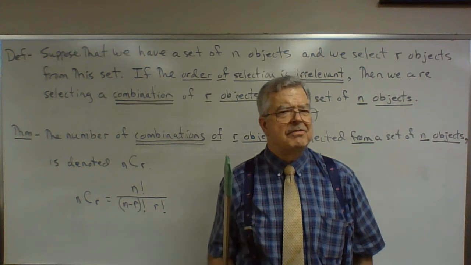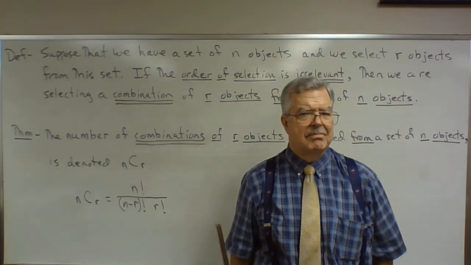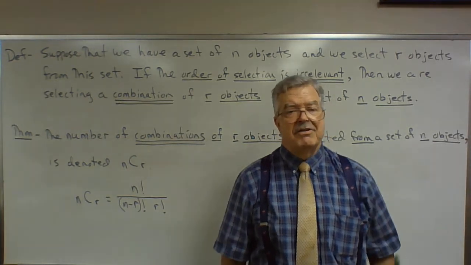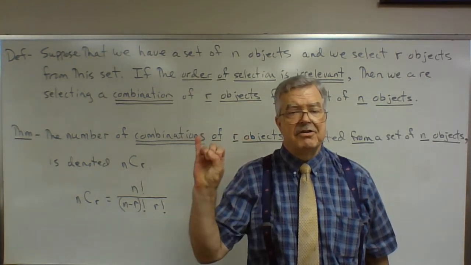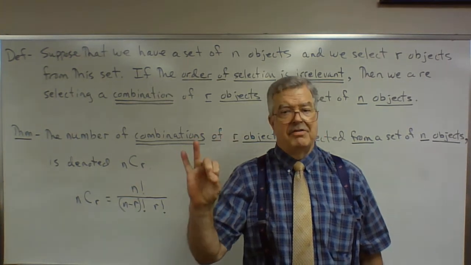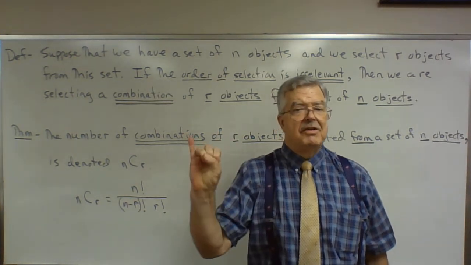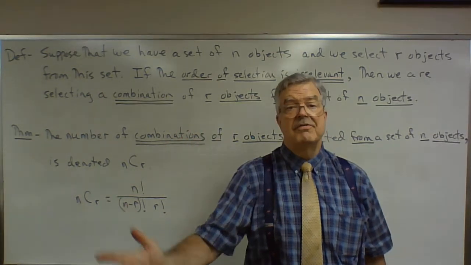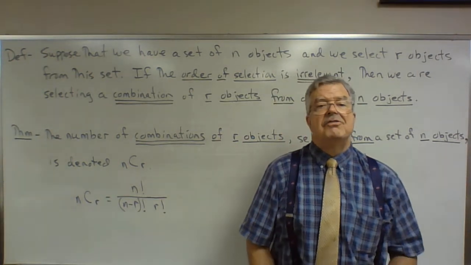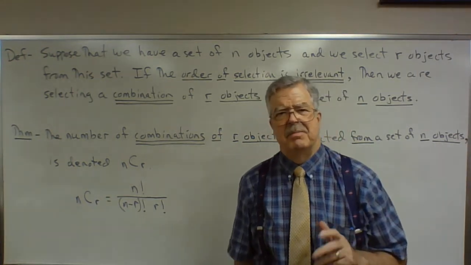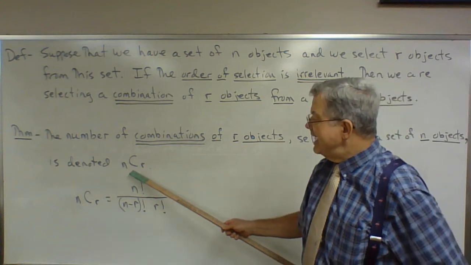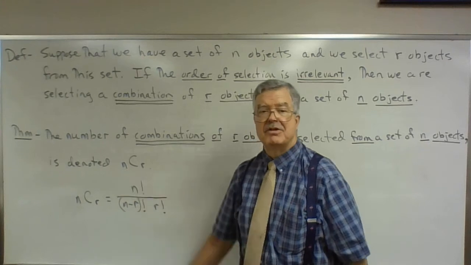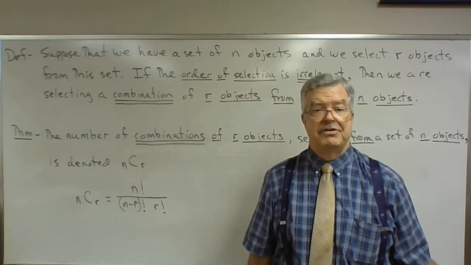Does the order of selection matter? It doesn't, does it? The fact of the matter is, either a person is on the jury or they're not on the jury. If they're on the jury, it doesn't matter whether they were the first or the last selected. They're one of the 12 jurors. So the classic example for a combination of R objects selected from a set of N objects is the selection of jurors for a jury.